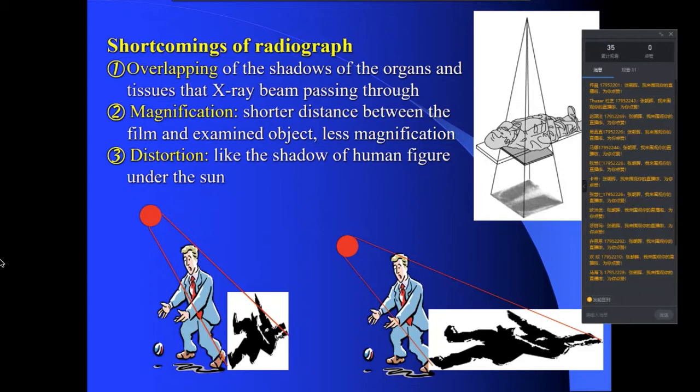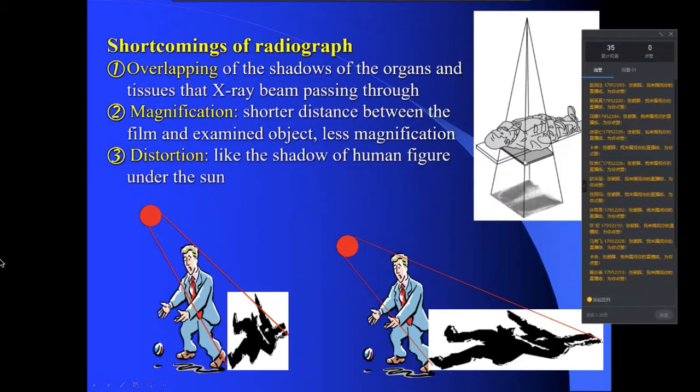And the radiograph has some shortcomings. This picture shows the method of X-ray examination. This is the tube. This examines the human body, and on the far side of the human body, there is the film.